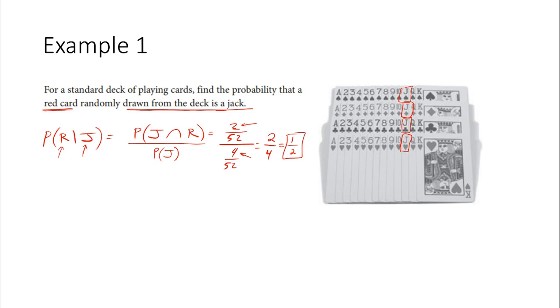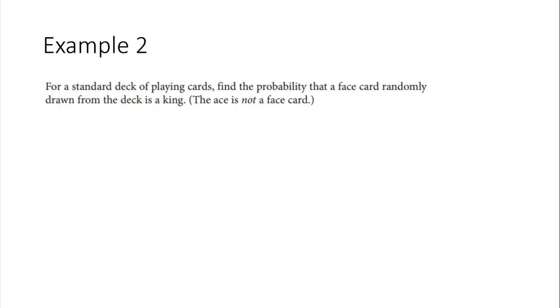All right, so let's look at another example. Example 2: from a standard deck of playing cards, find the probability that a face card randomly drawn from the deck is a king. And please note that ace is not a face card. Oh boy, well, let's see. Which event is which? Let me see if I'm reading this right.